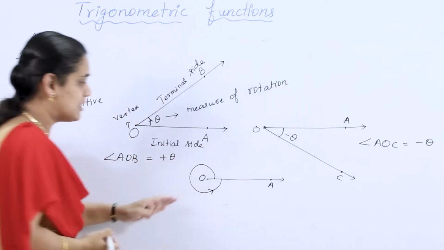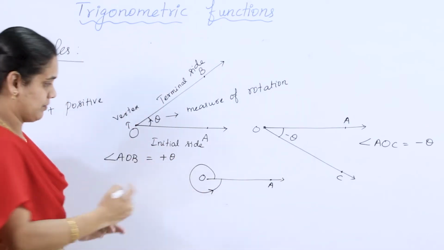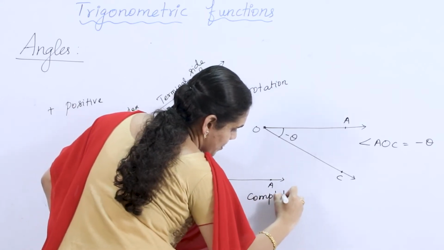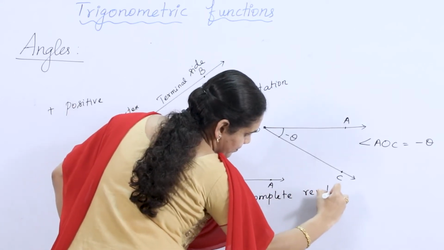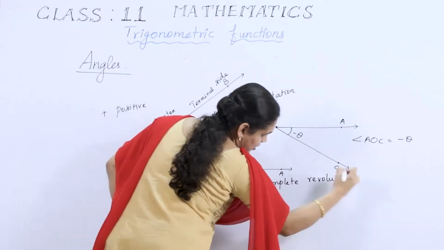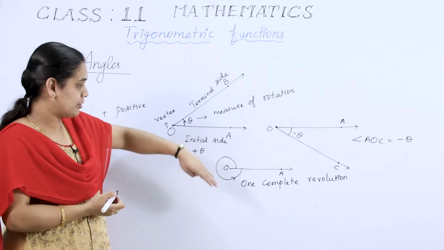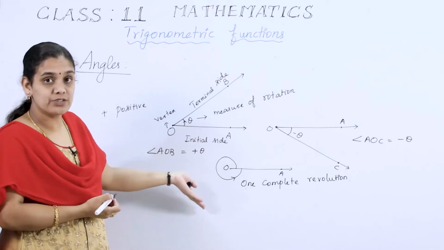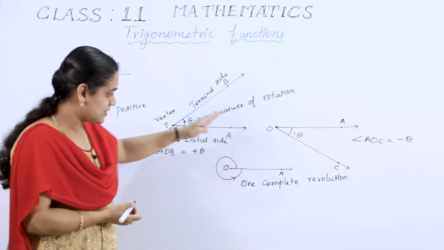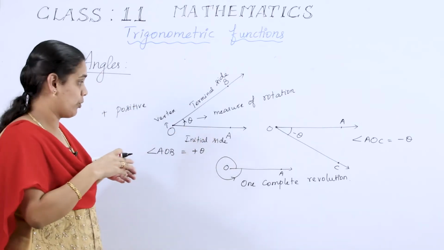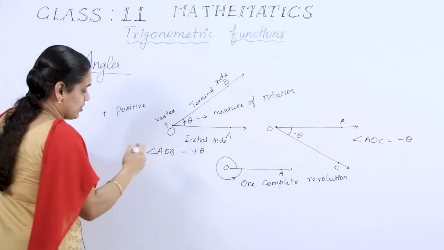So this is called one complete revolution. We often see spinning wheels, right? It makes 6 revolutions, 7 revolutions, we say that. That means it comes back to its original place. That also anti-clockwise.